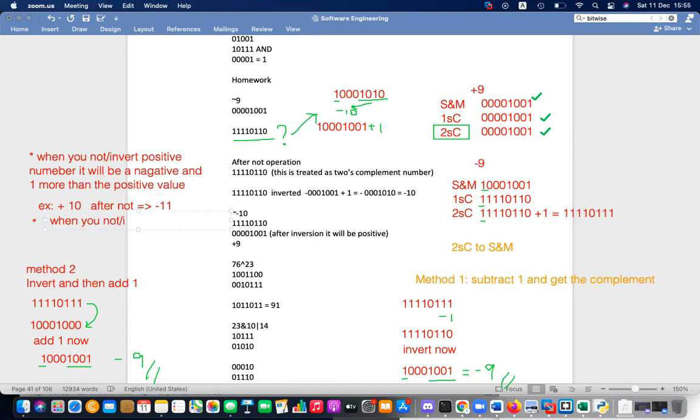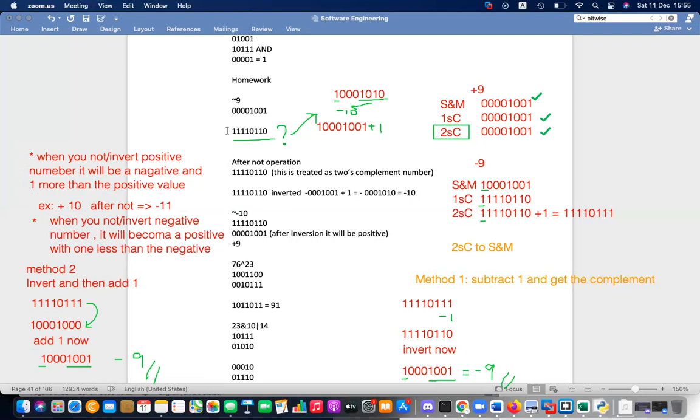When you not or invert a negative number, it will become a positive with one less than the negative.